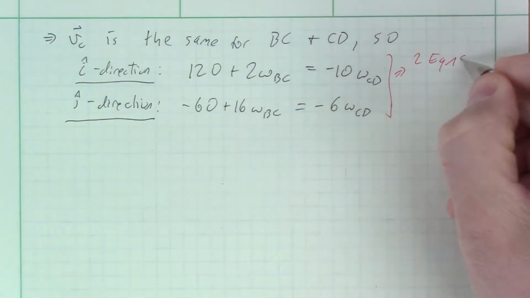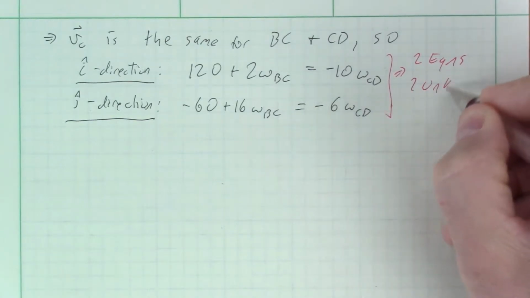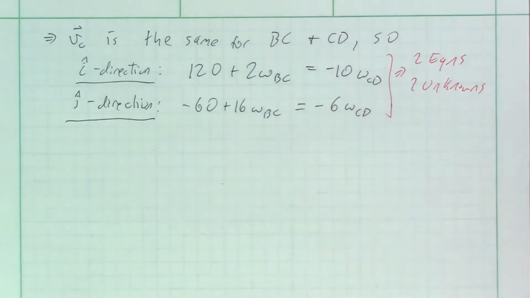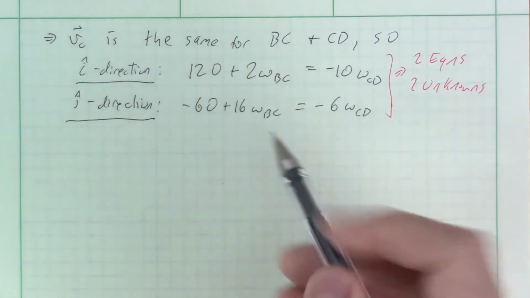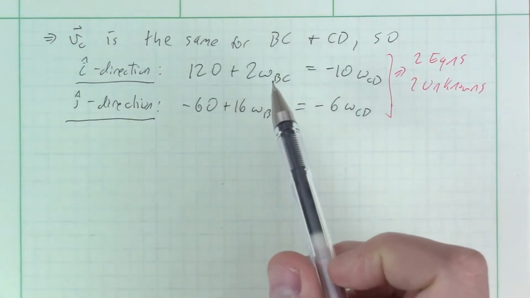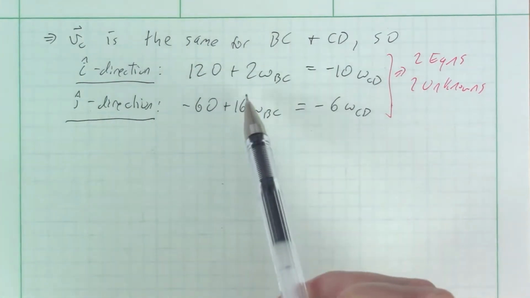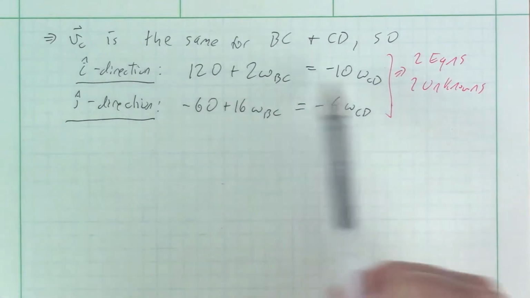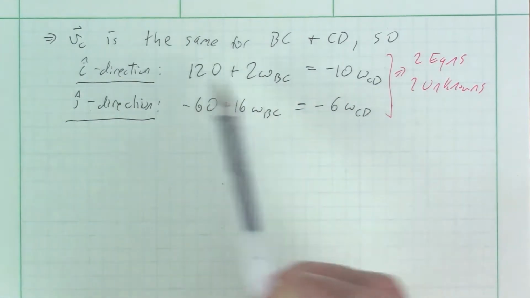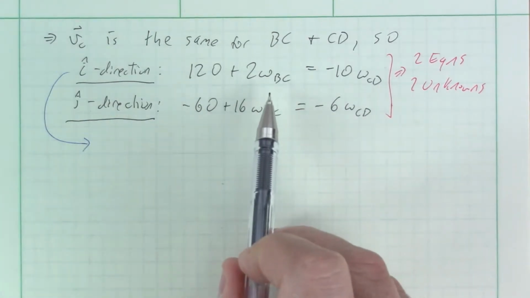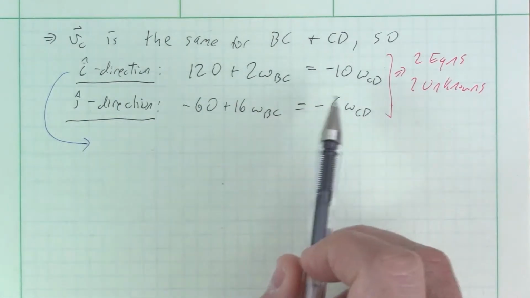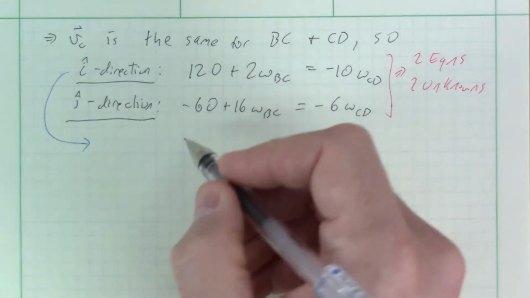This should be solvable unless we have a rare occurrence of them not being independent relationships. But if this represents the physical system there, we should be able to solve this. So let's start with the I hat one. It doesn't really much matter, but there's a 2 there and those are both even numbers, so you see how that'll make a nice relationship for omega BC in terms of the other one, because all we're going to do is divide by 2.